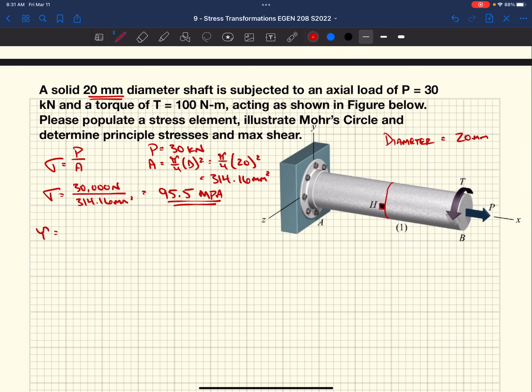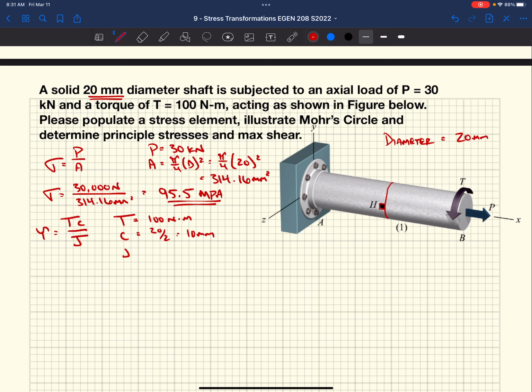Shear stress is TC over J. You guys are dealing with that a lot now. Homework was due yesterday, so you got to play with that a little bit. In this case, our torque is 100 newton meters. C is our maximum radius, to the outside face of our shaft, or 20 over 2, or 10 millimeters.